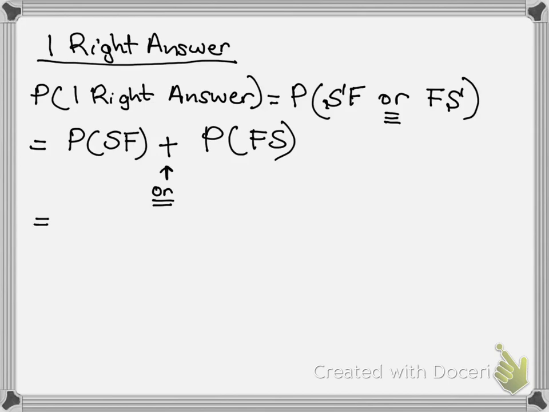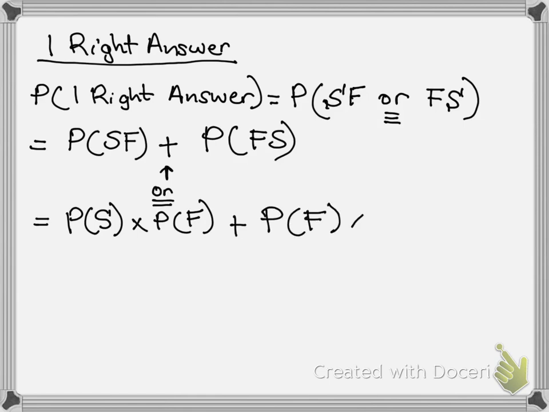Now, the probability to succeed in the first and fail the second is the probability to succeed in the first times the probability that you fail the second, plus the probability to fail the first times the probability that you succeed in the second.